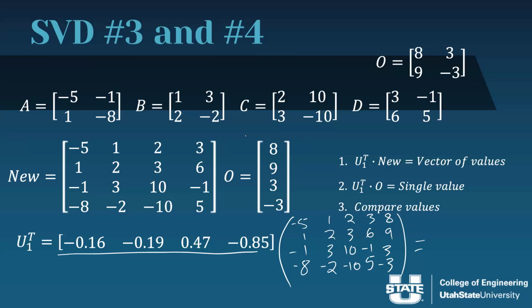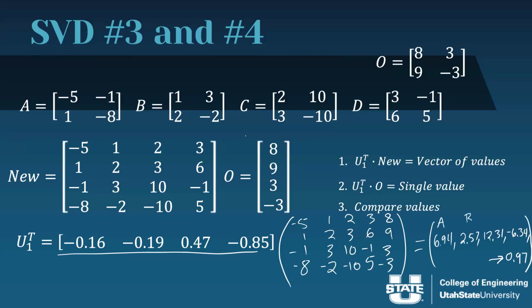Almost there. All right, and when we do it, we get values 6.94, 2.57, 12.31, -6.34, and 0.97. So this 0.97 is our O.